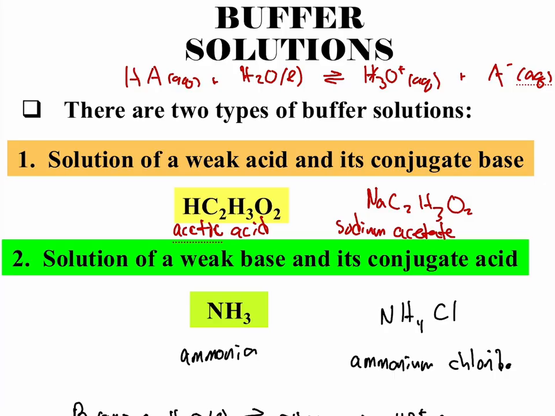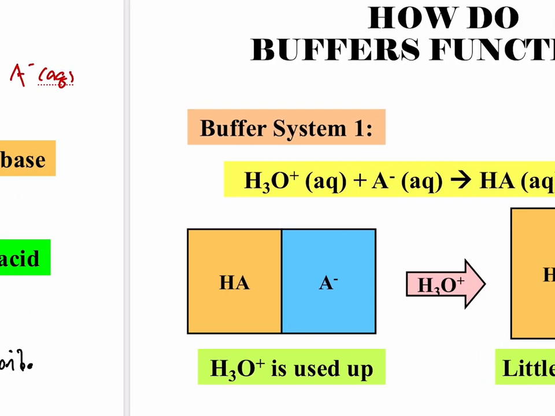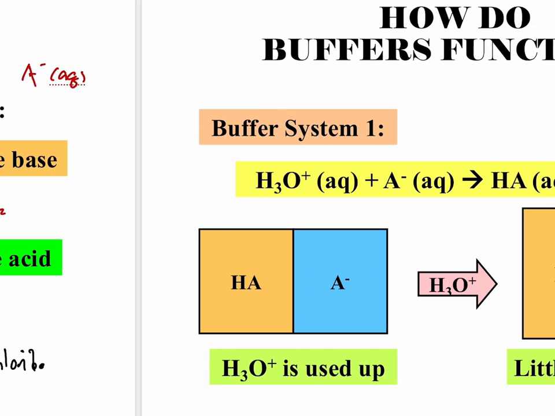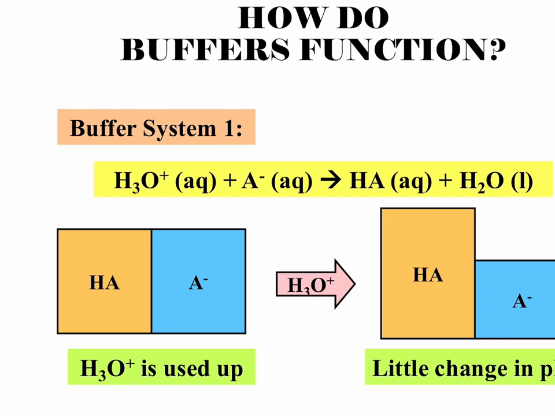So these are the two mechanisms by which a buffer solution works. We have both conjugate acid and weak base, or weak acid and conjugate base, present in solution, and they work to neutralize incoming acid or base. So if we have a weak base in solution and we add acid, we get a neutralization reaction. What should always be a product in our neutralization reactions?